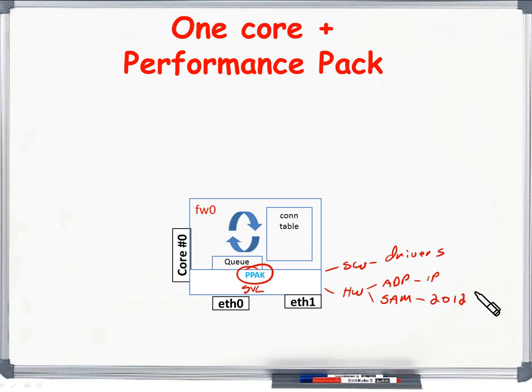So depending on the traffic profile of the customer, the traffic could be accelerated at Performance Pack level. Or, as you know, some traffic cannot be accelerated at the SecureXL level, and so that traffic needs to go to the firewall for processing. Now, in some environments, depending on the customer's traffic profile, a lot of traffic might need to go to the firewall for processing.